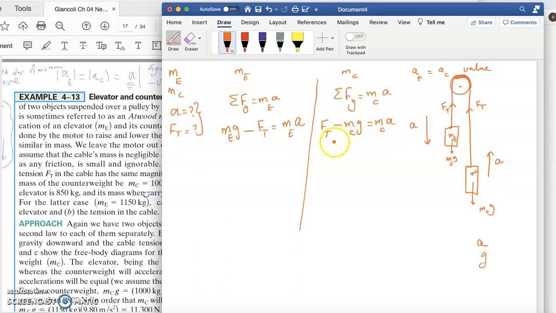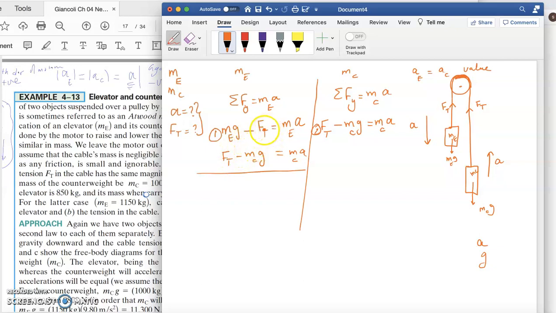All right. How to solve for them? This is equation 1. This is equation 2. So this is FT minus MCG is equal to MCA, and this is mathematics: two equations with two unknowns. Elimination and substitution, it's up to you.